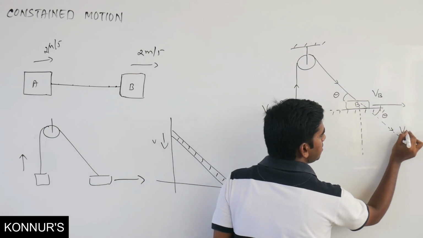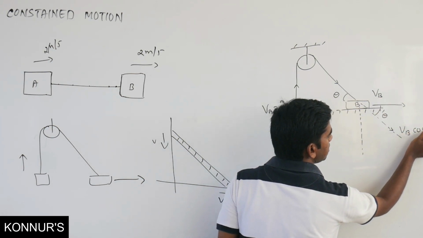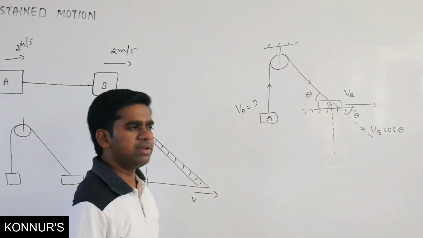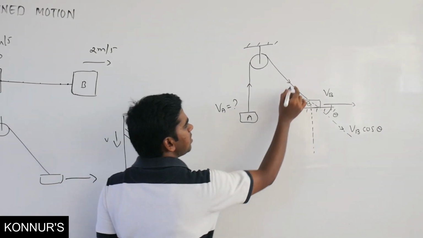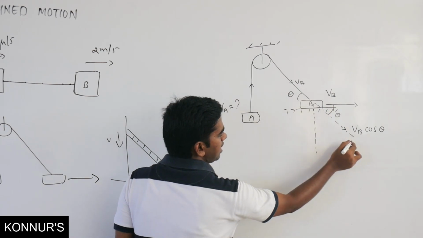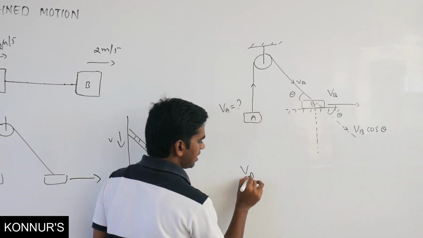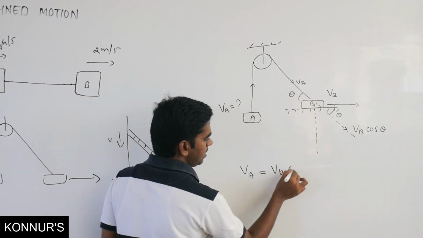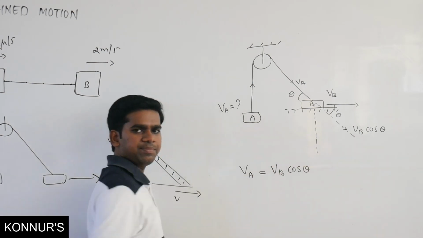The component of Vb is Vb cos theta. So what will be the velocity of Va? Very simple, Va is in this direction only, so you can write Va equals Vb cos theta.